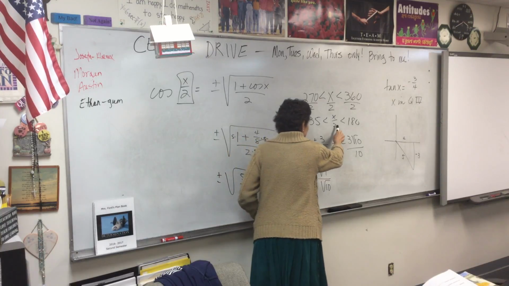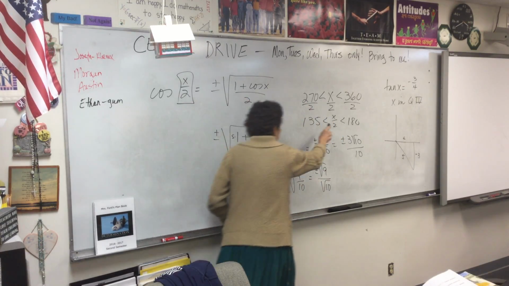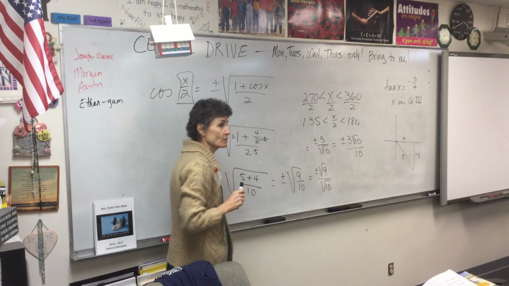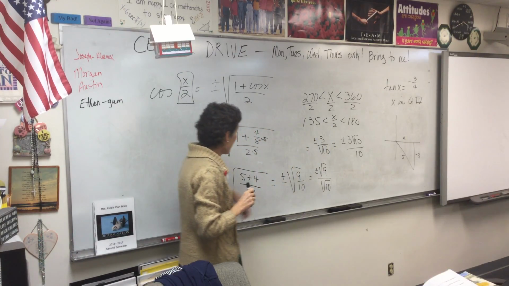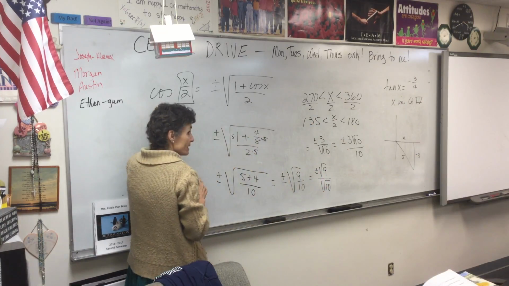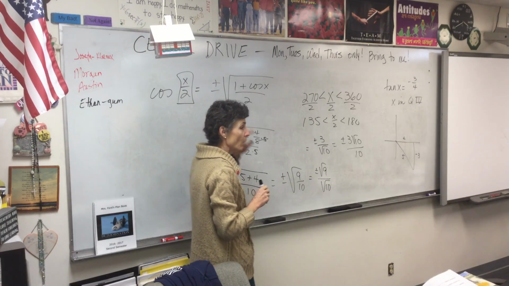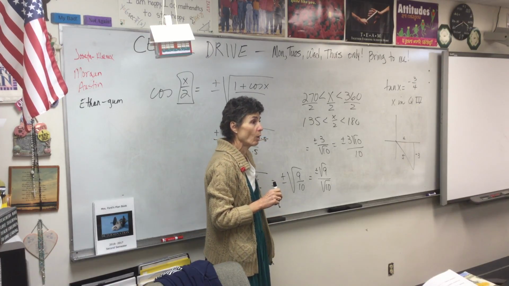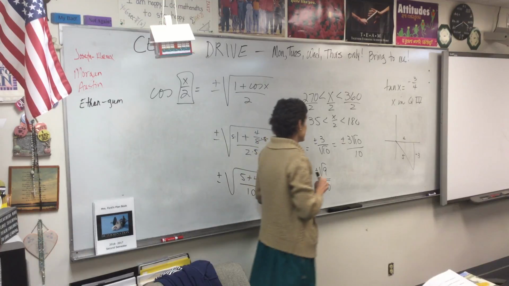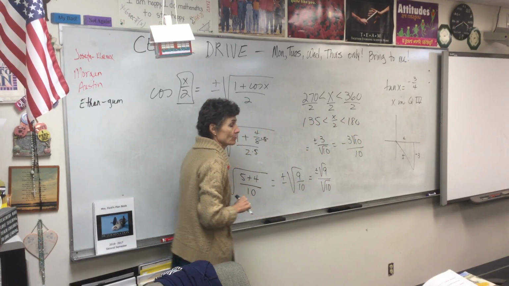Which means this angle, the one I'm interested in, is in which quadrant? 2. I am concerned with the cosine in quadrant 2. What do we know about the cosine in quadrant 2? It's negative. So we are going to choose the negative root.